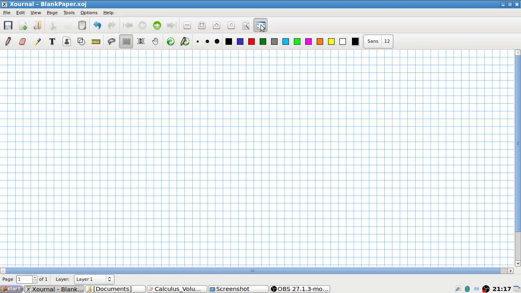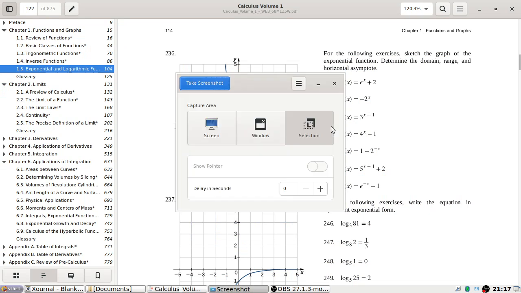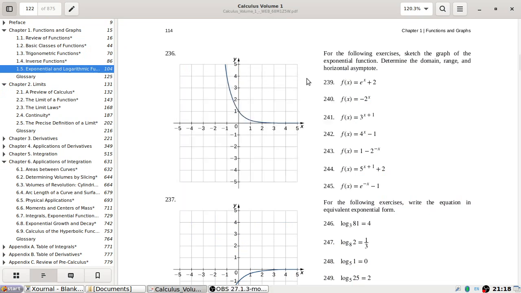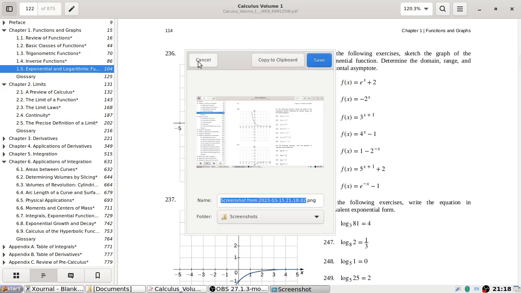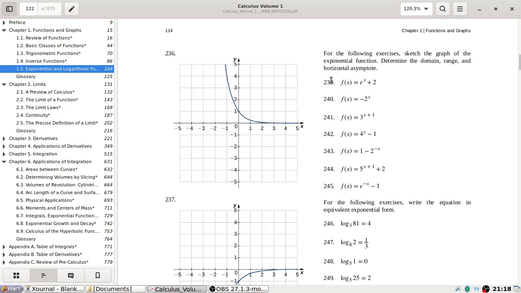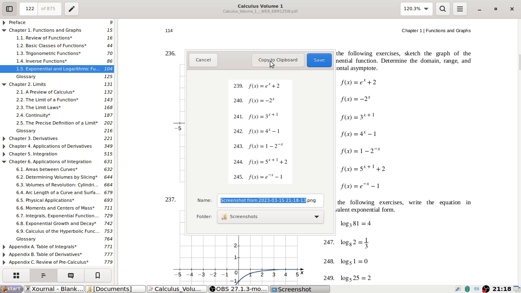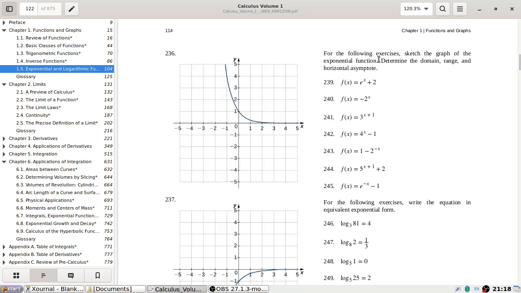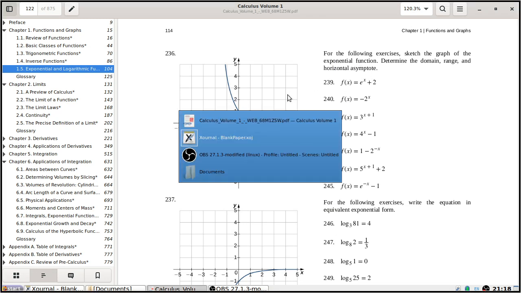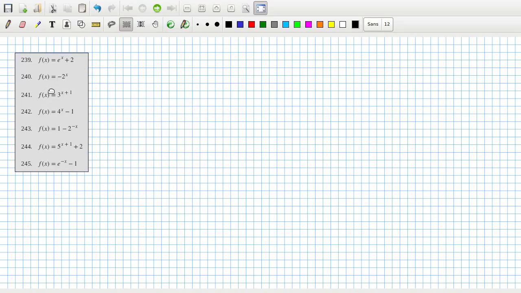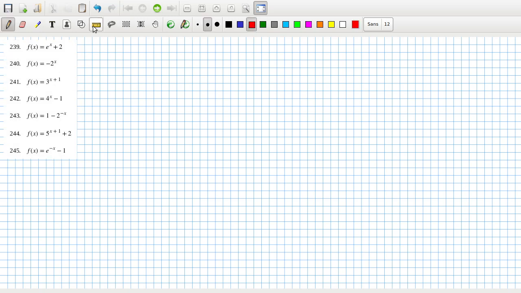Okay. Sketch the graphs and then domain, range, and horizontal asymptote. Sketch only.